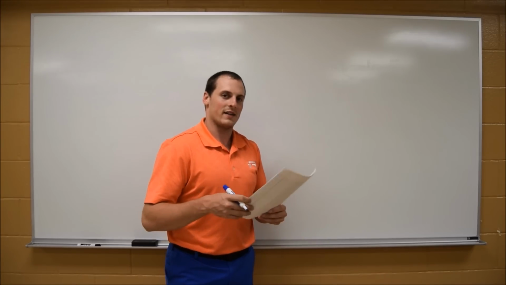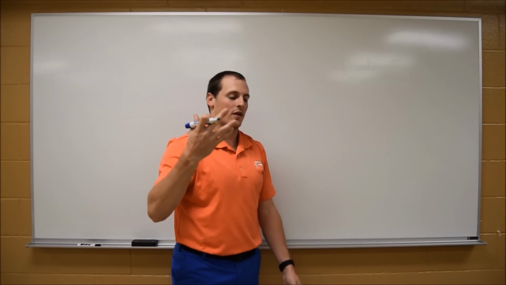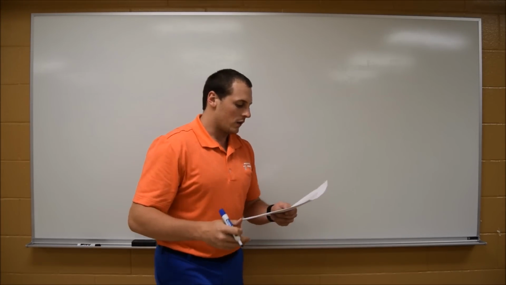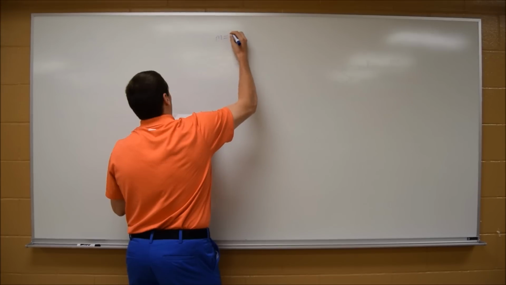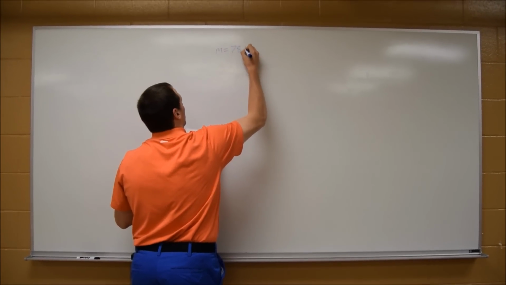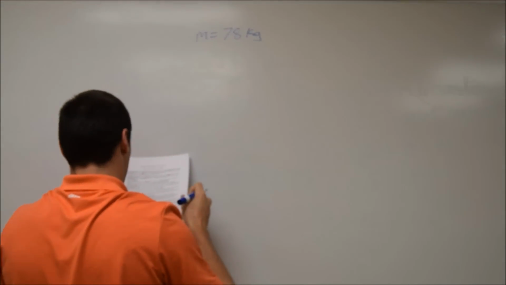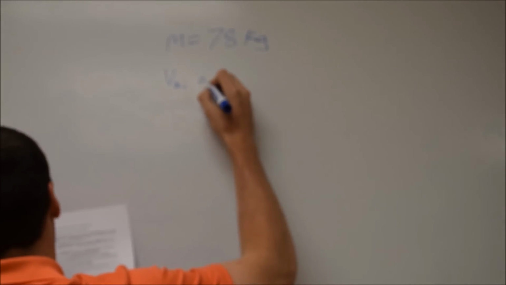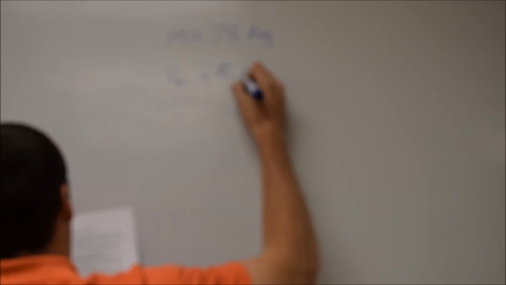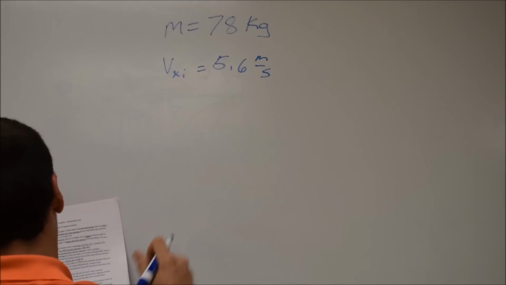I'm going to go ahead and look at number 8 instead of number 9 because number 9 requires an answer from number 8. So same thing, write down all the information that we're given. Mass is equal to 78 kilograms. The horizontal velocity, Vxi, is equal to 5.6 meters per second.